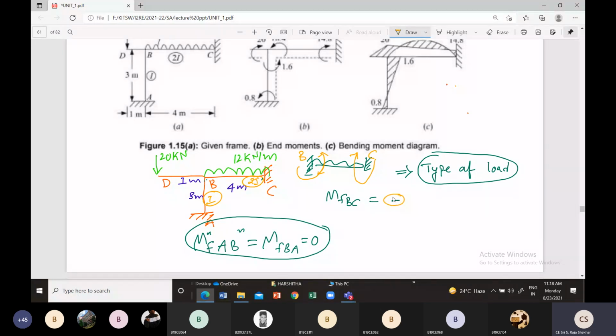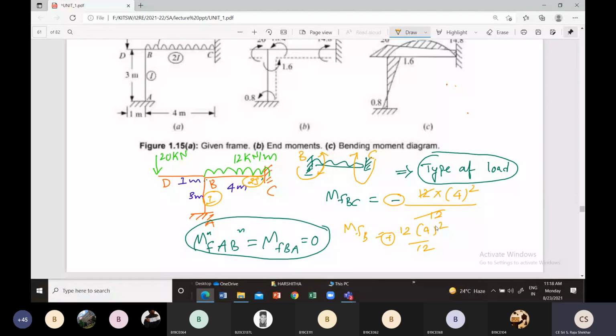So MFBC will become negative: W is 12, L is 4, so WL square by 12. Similarly, MFCB will be positive WL square by 12.